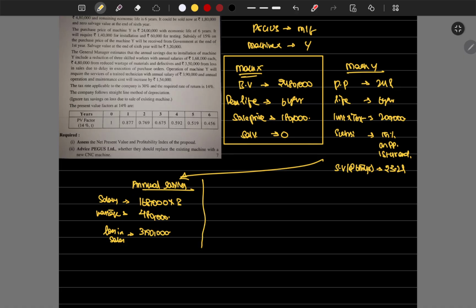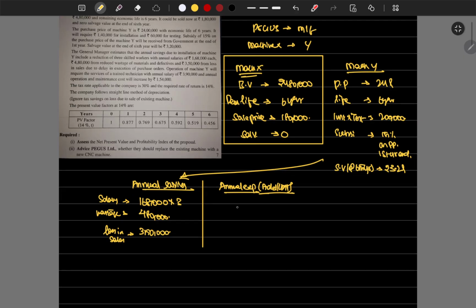Then comes annual expenses, the additional cost. What's the additional cost? Technician 3,90,000.